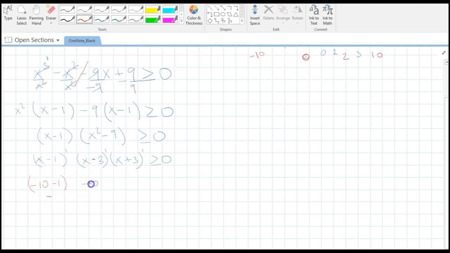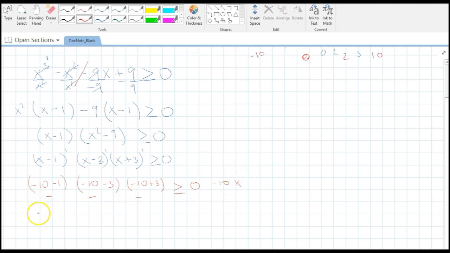If I plug in here -10 minus 3, for sure it's going to give me a negative number. Here -10 plus 3, the highest number is negative, so at the end the result is going to be negative. So this one is going to give me a negative number. Remember that we are looking for greater than or equal to 0. So -10, we know it doesn't work.